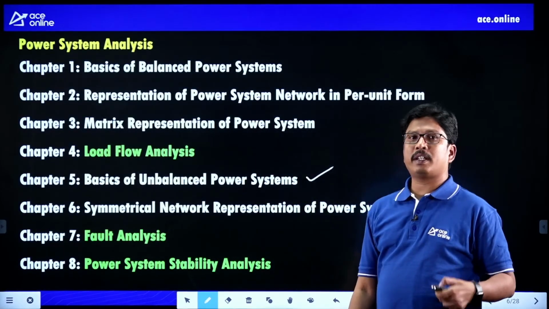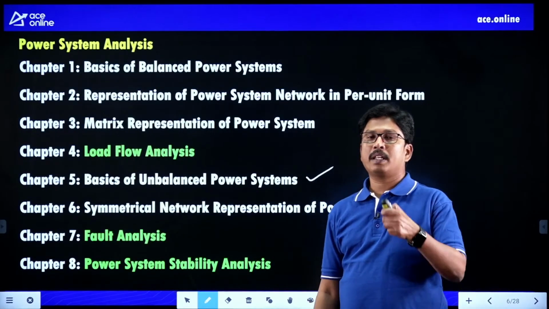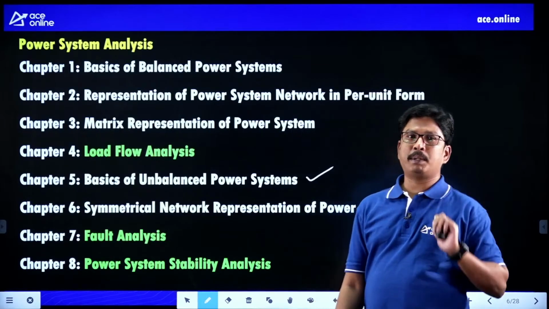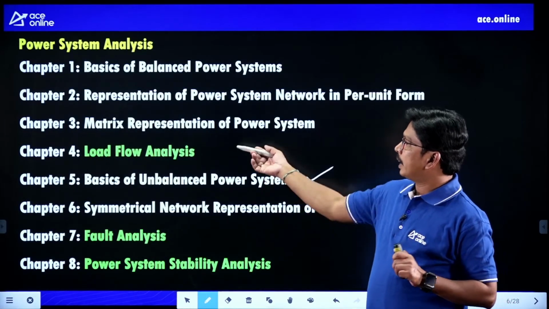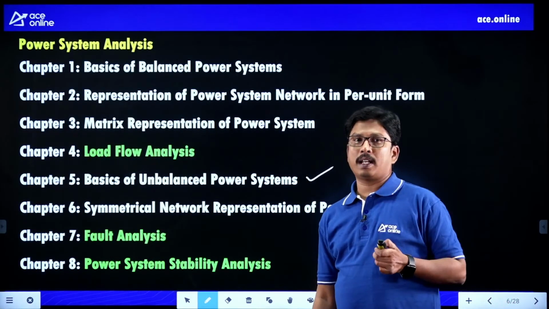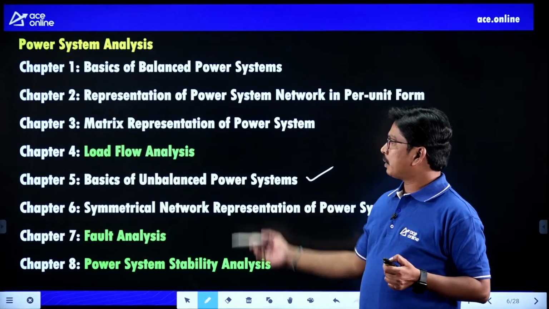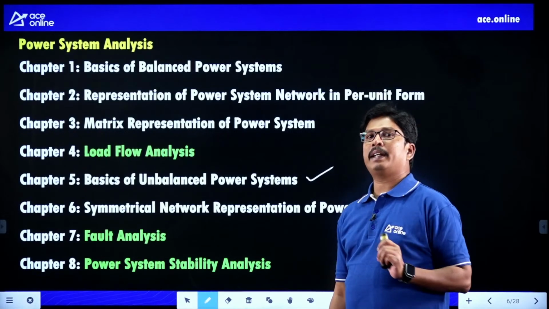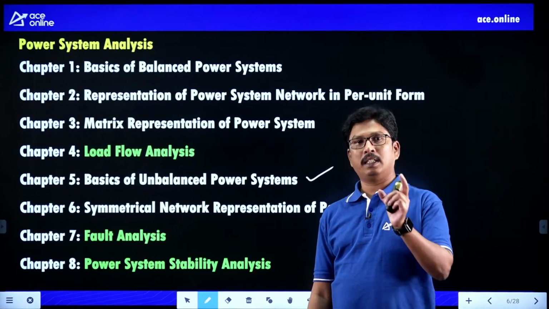And later on we are going for matrix representation of power system, where we are studying bus admittance matrix formation and bus impedance matrix formation. Next we are studying the load flow analysis concept. And next, basics of unbalanced power system, where we are introducing the symmetrical component theory.